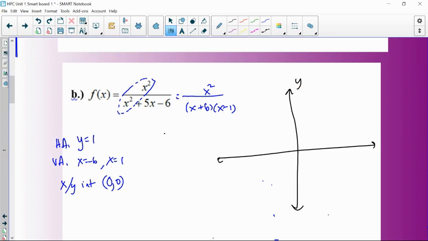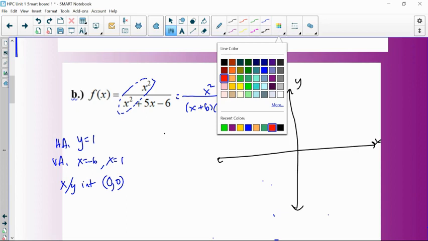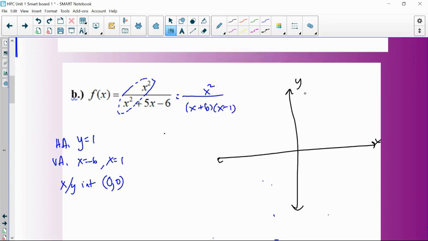Here's our x-axis. I know there's a vertical asymptote at x equals 1. I know that there's a vertical asymptote at negative 6. And then I know there's a horizontal asymptote at y equals 1. And I also know it goes through 0, 0.